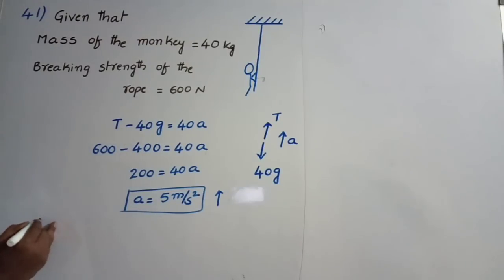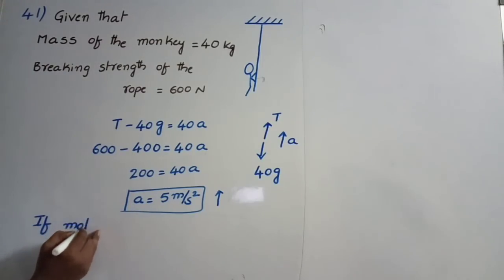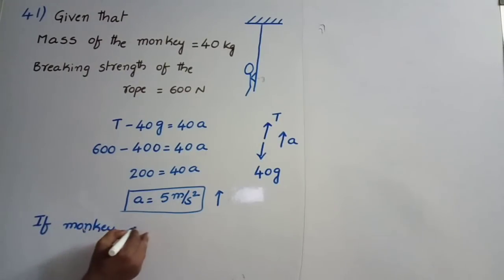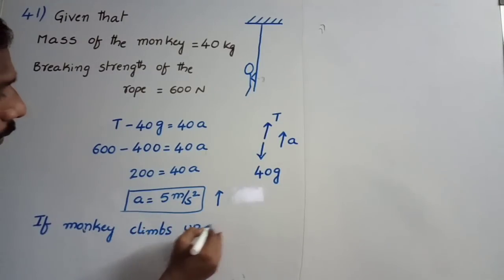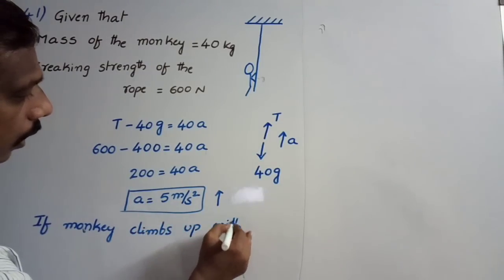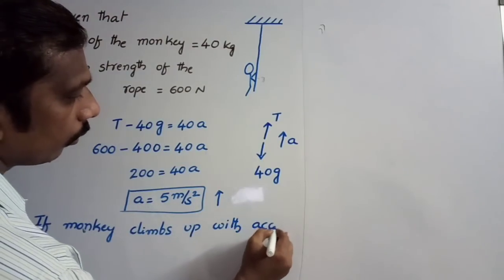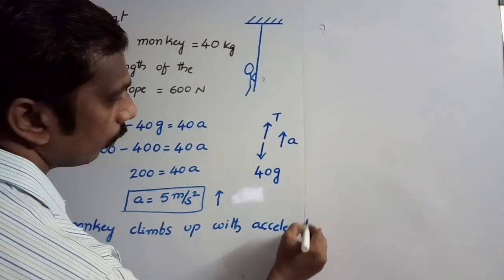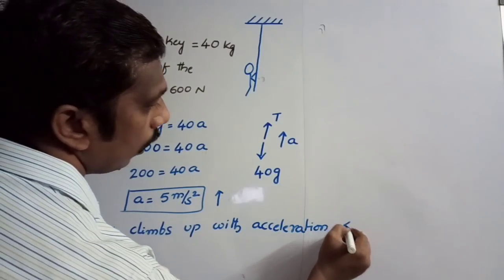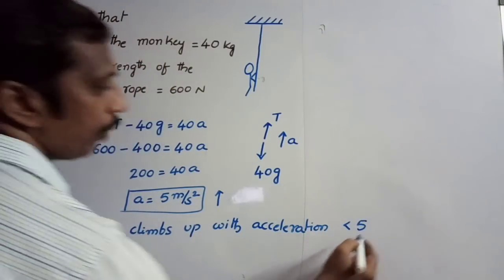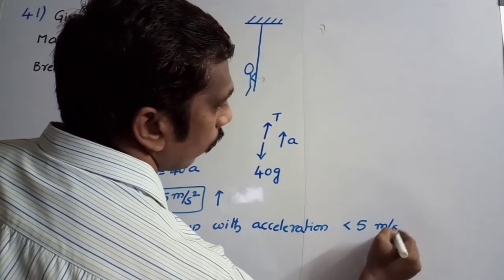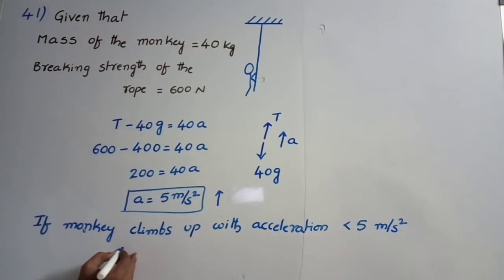So if the monkey climbs up with acceleration less than 5 meter per second square, the string will not break.